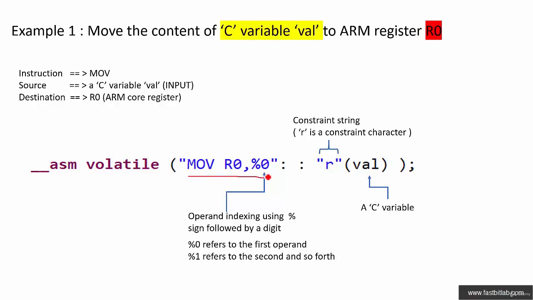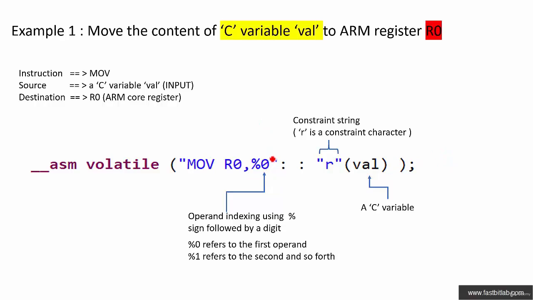In the code section, this refers to the first operand. This is used for operand indexing. Here %0 refers to the first operand. If you use %1, then that refers to the next operand, if it is there, like that.